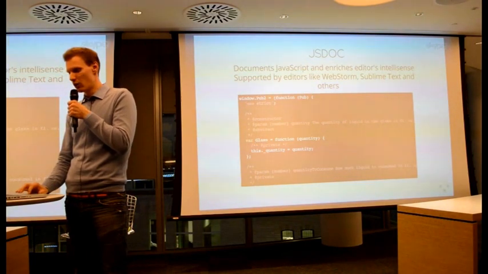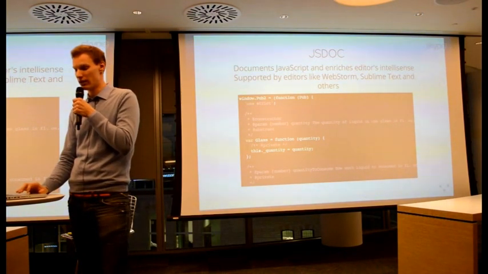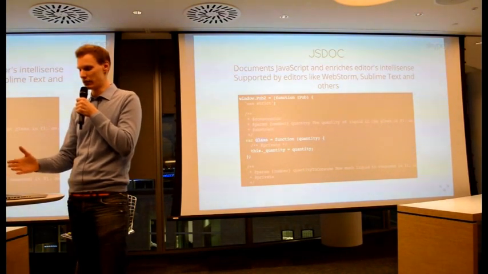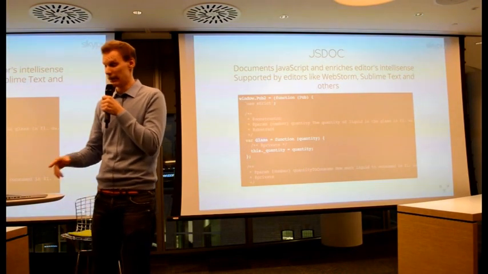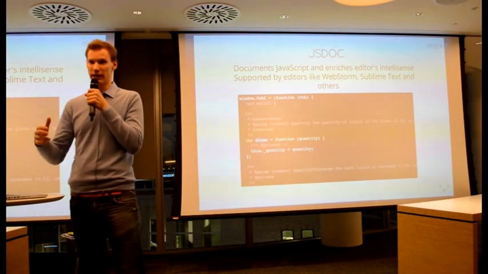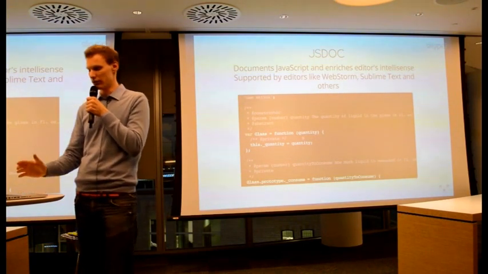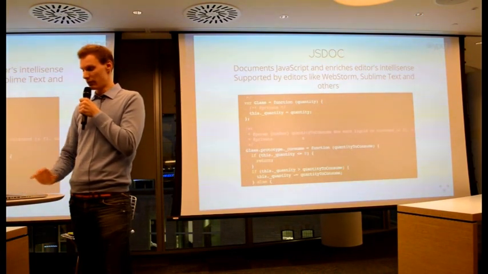Here we can see how with this comment syntax we are telling JSDoc that this class is really a constructor. It has a parameter called quantity, with a description, and quantity is a number, and it is abstract, so it shouldn't be initialized directly. And we also have a property called quantity that is private.